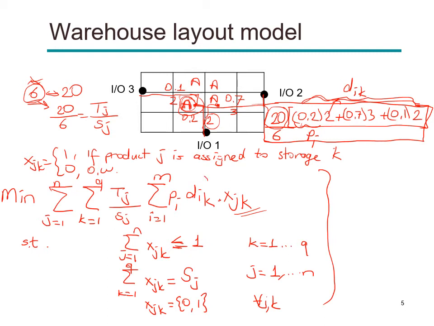Okay, now let's concentrate on this part. This is the percentage of usage of input-output door I, and d_ik is the distance between storage location K and input-output location I. P_i and d_ik are both parameters, and we can calculate them initially, and we can rename this as another parameter, which is f_k.